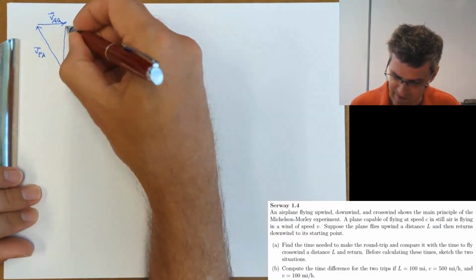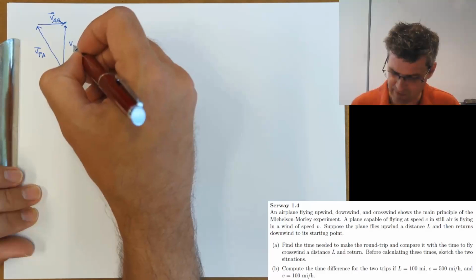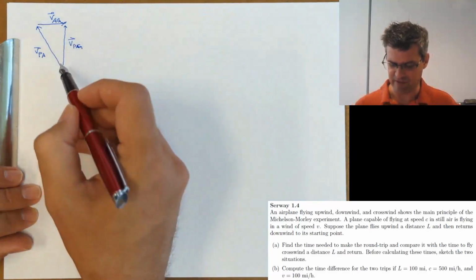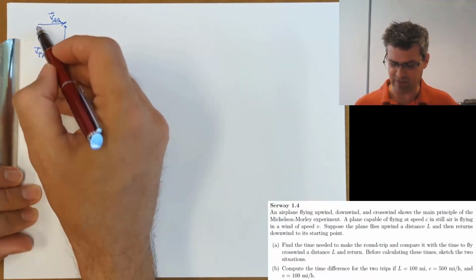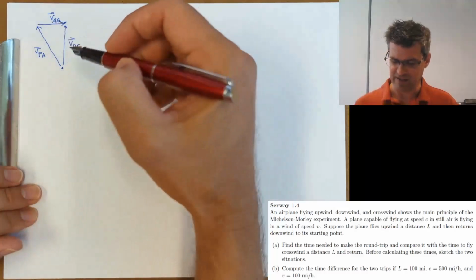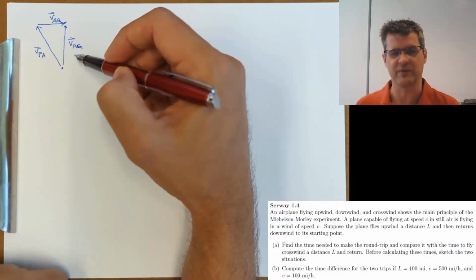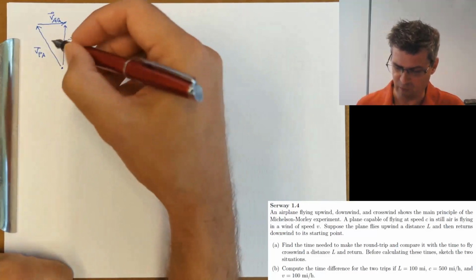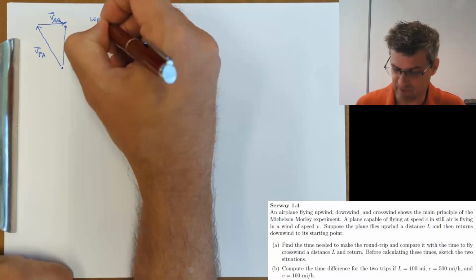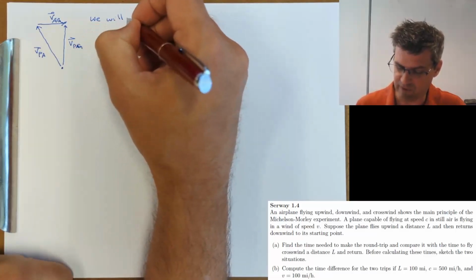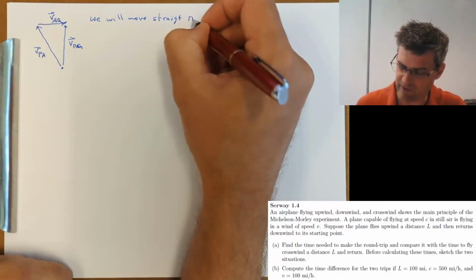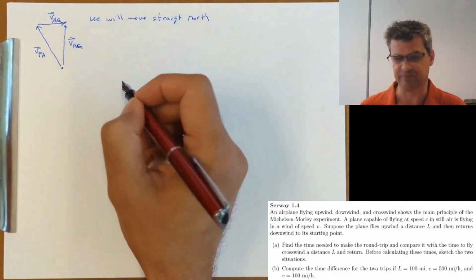This is how I could figure out how to move my plane with respect to the ground. So the velocity of the plane with respect to the air plus the velocity of the air with respect to the ground tells me the velocity of the plane with respect to the ground. And we want to move some particular direction. For example, we will move straight north in this problem.